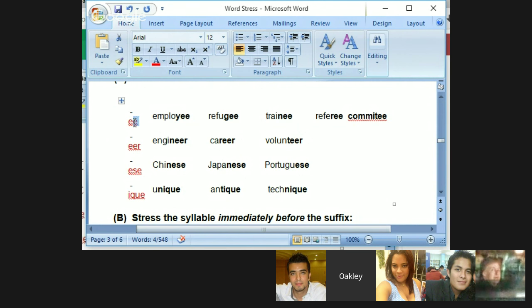This particular suffix is only used for nouns. If you see a word you don't know and it ends with EE, it's a noun. So another good thing about learning these suffixes, it can help you with pronunciation. It can also help you with identification.